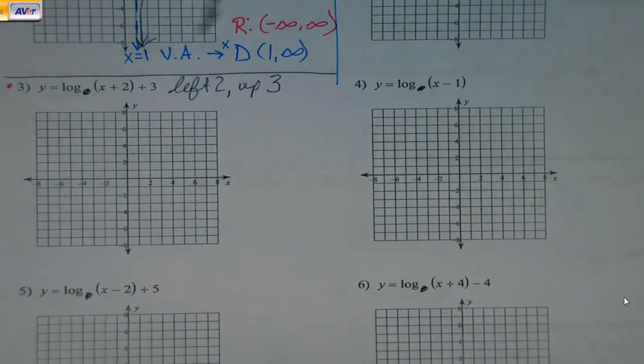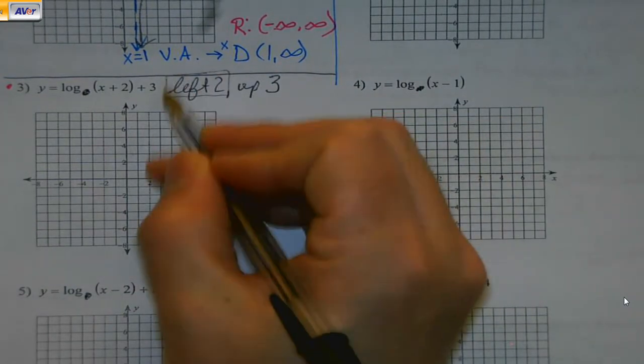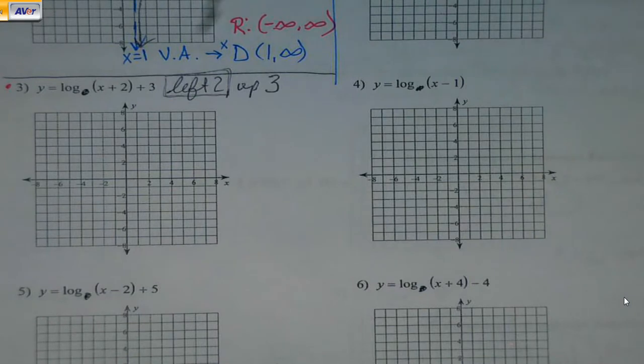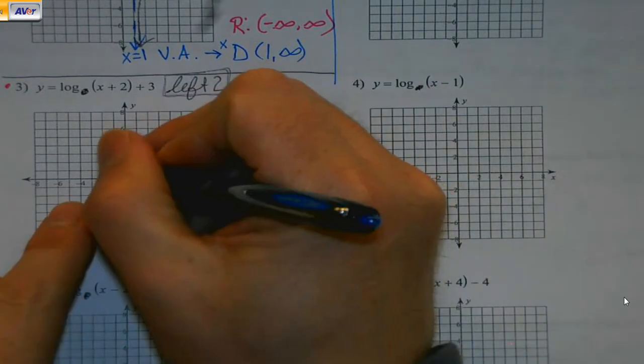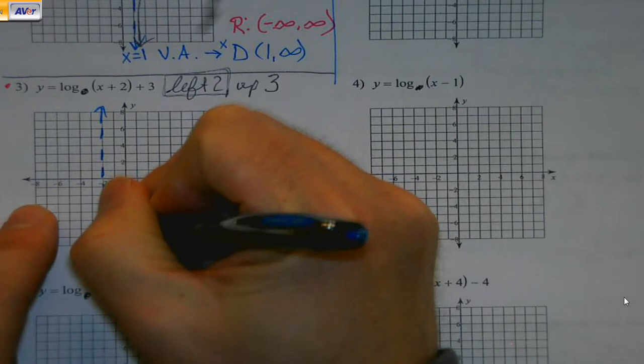So again, the one that I'm focused on for my asymptote is if there's left or right shifts, because they're the ones that move my x's back and forth. So left 2 is going to get my asymptote in here.